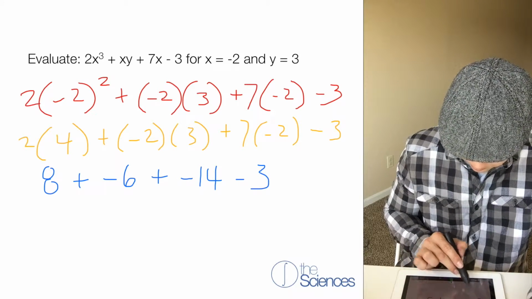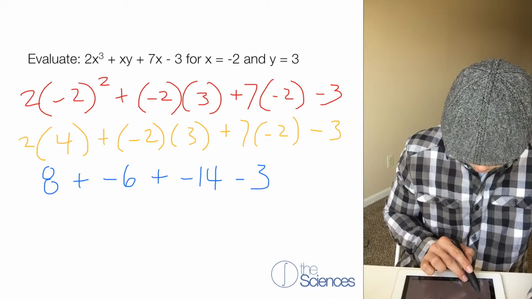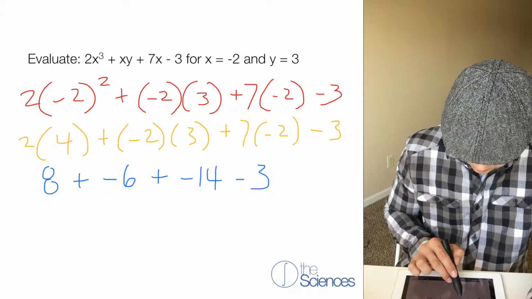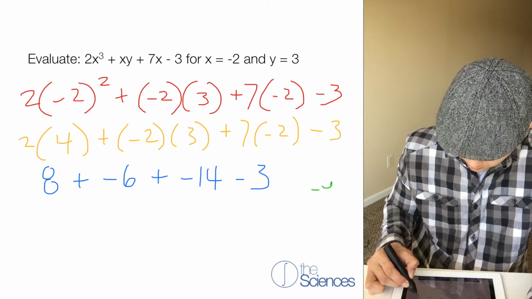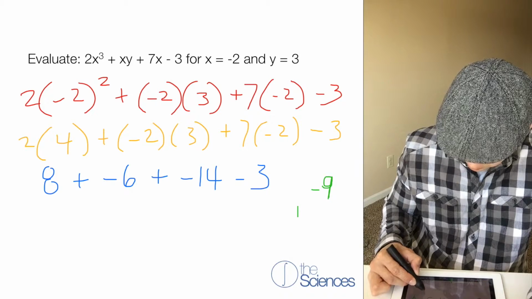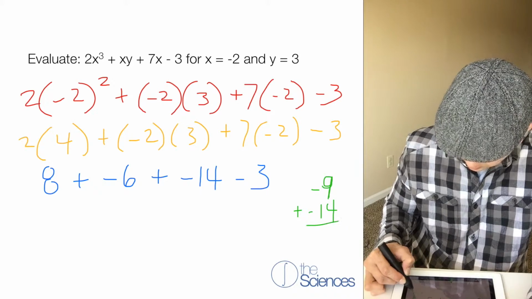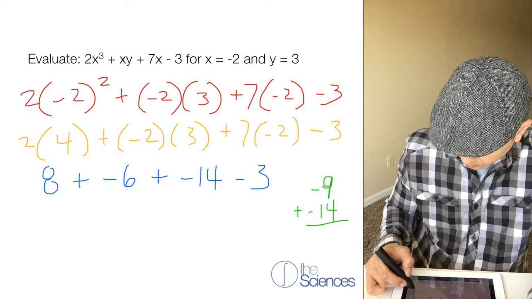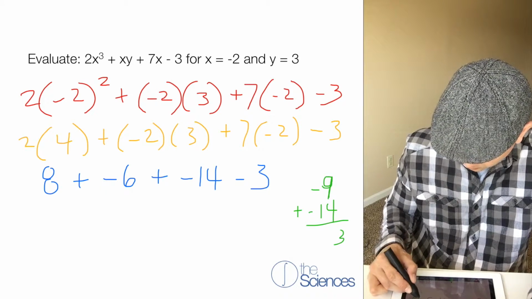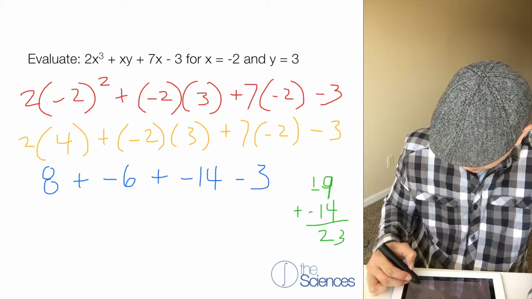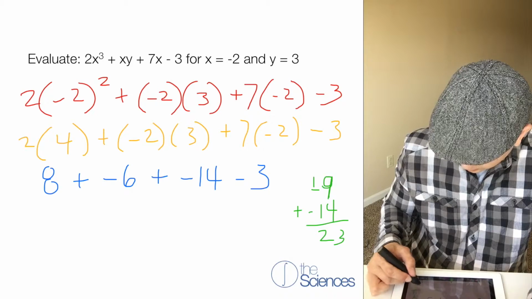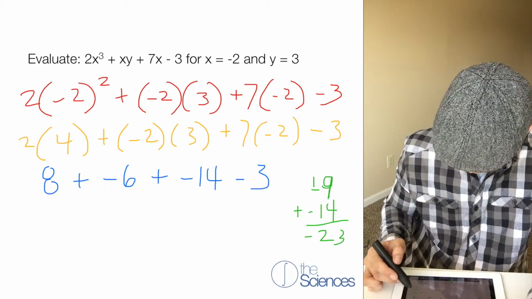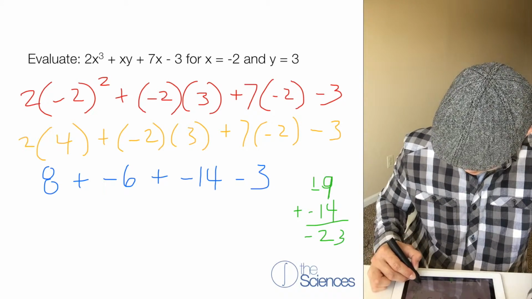So now we can add. Negative 6 minus 3 is negative 9, plus negative 14 is negative 23, plus 8.